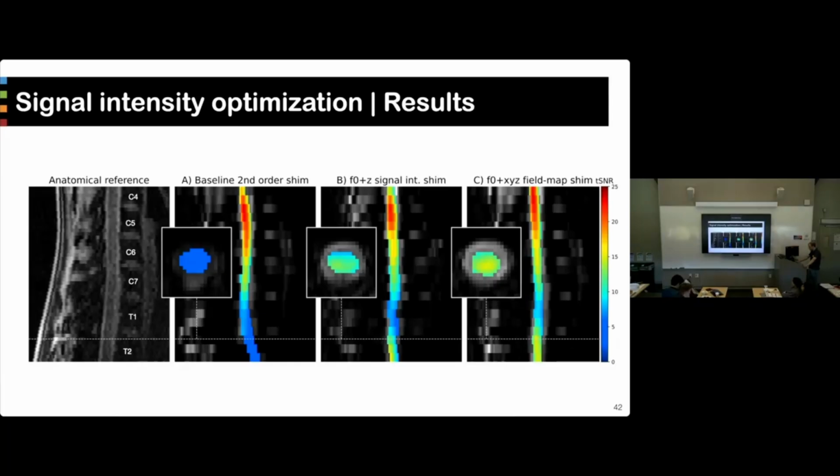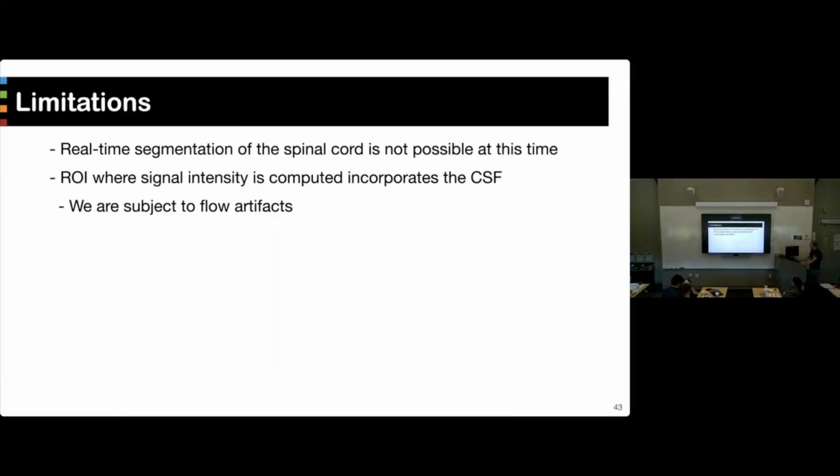So some limitations: real-time segmentation of the spinal cord is not currently possible. So what we have to do is take a region of interest that's a little bit bigger than the segmentation, and that includes the CSF or subjective flow artifacts. That's not particularly great if you have a hyperintensity.